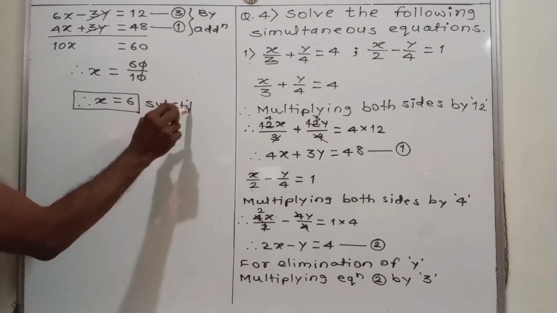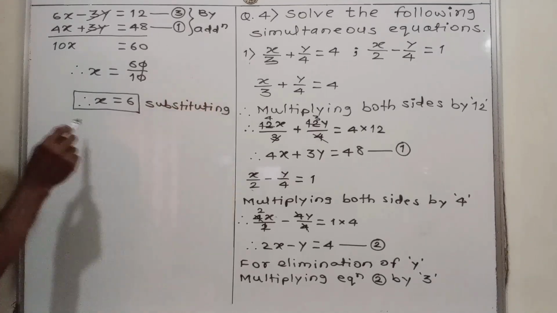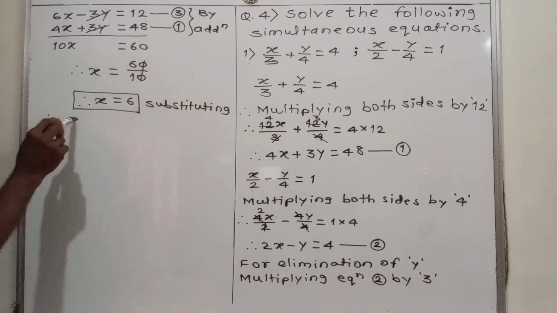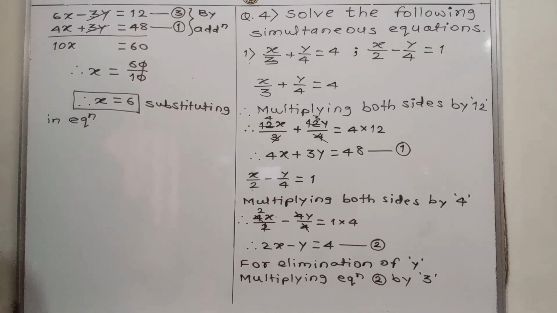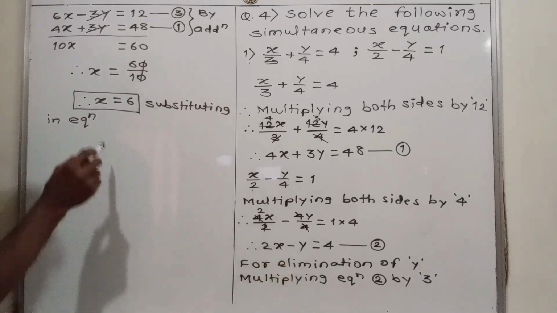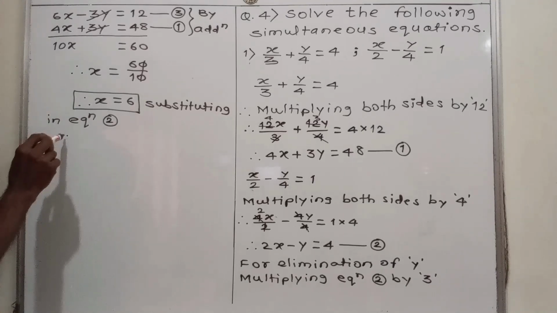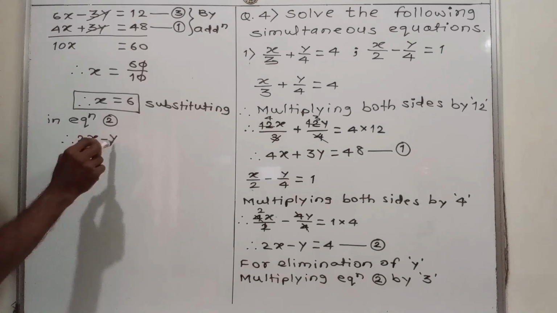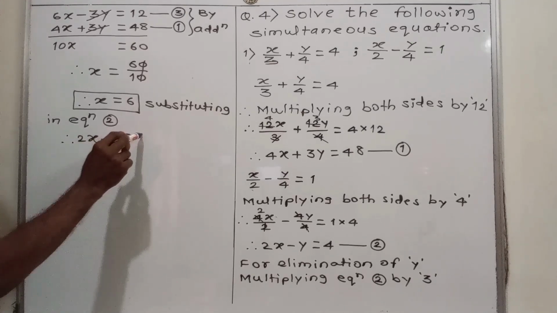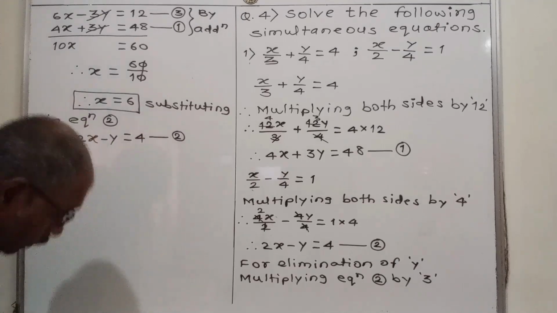Substituting in equation 2. Therefore, 2x minus y is equal to 4. This is our equation number 2.